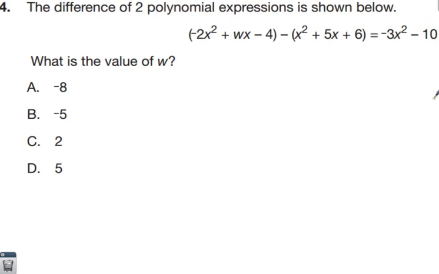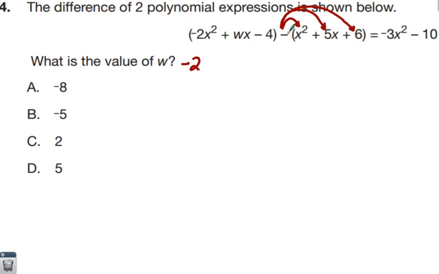I'm definitely going to distribute this minus sign first and foremost. And technically, is there anything to distribute through the first bubble? Technically, there's a 1 here.